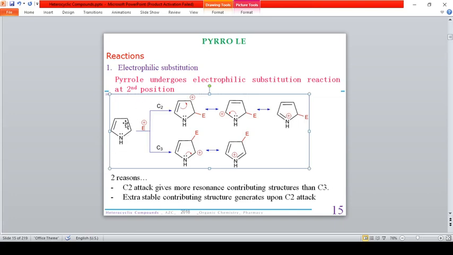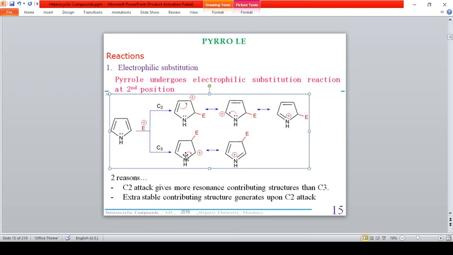Let's see the case of carbon 3. If the electrophile attaches to this carbon, what will you have? You will have a positive charge here. From this picture you can clearly see this carbon has a positive charge, the electrophile is here. Now our lone pair can shift on this side. This positive charge will be neutralized, but a positive charge will generate on the nitrogen.